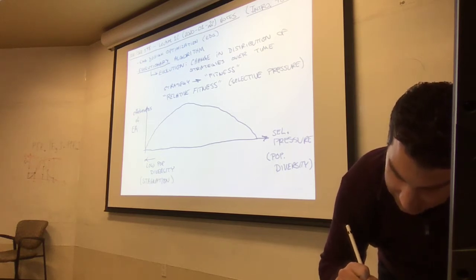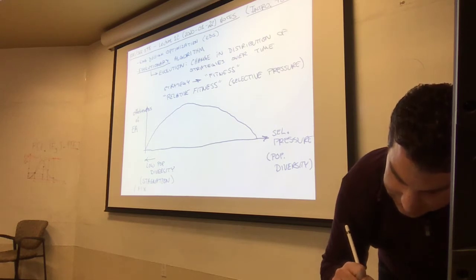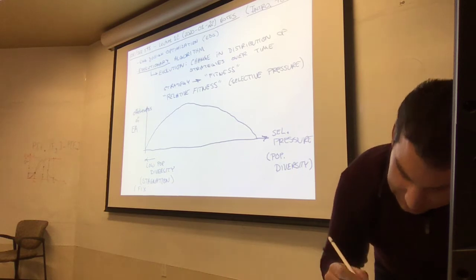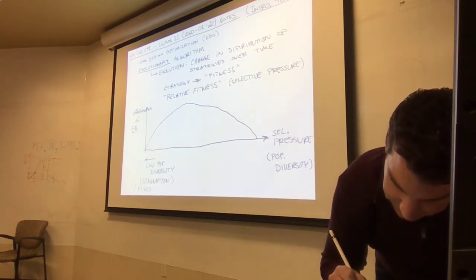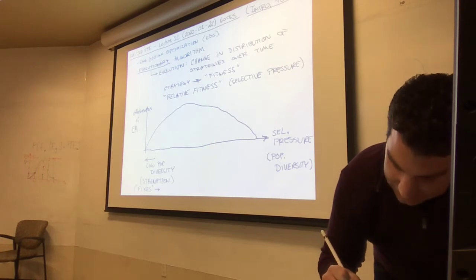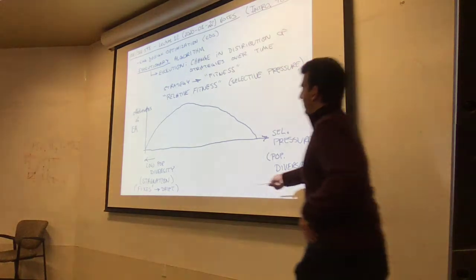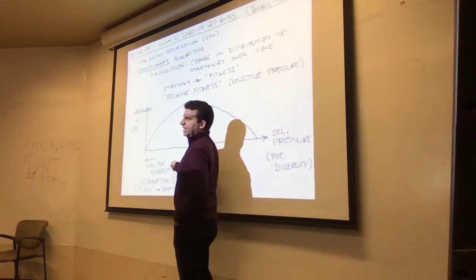And when a population fixates, or fixes, then that is an outcome of what we call genetic drift. So genetic drift is due to low population diversity.